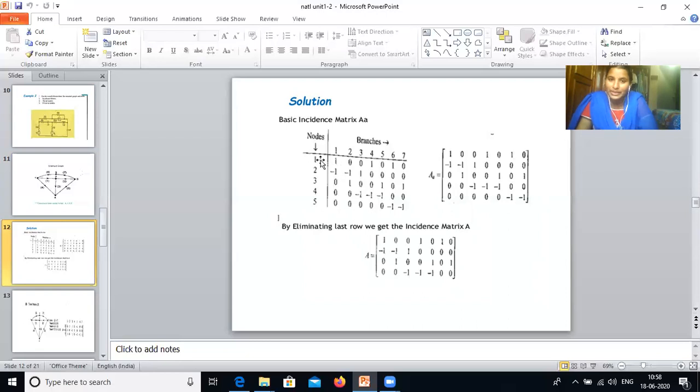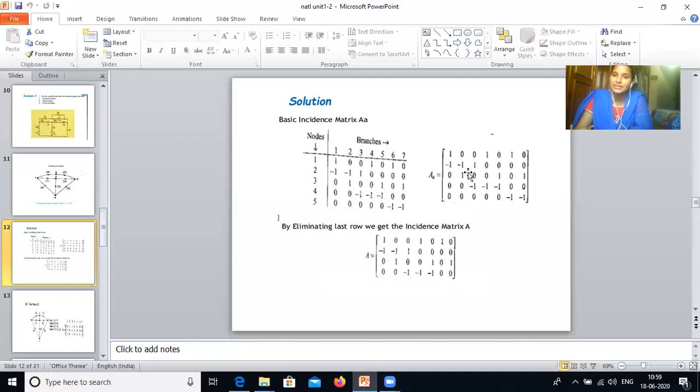From this we can say that the first branch is leaving the first node and entering the second node. The second branch is leaving the second node and entering the third node. The third branch is leaving the second node and entering the fourth node. In this way we can tell. So the sum of all the columns must be equal to zero.